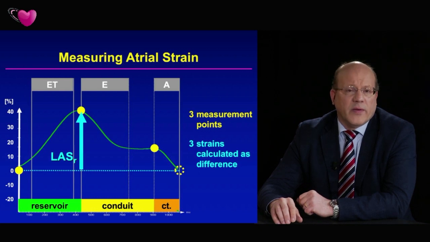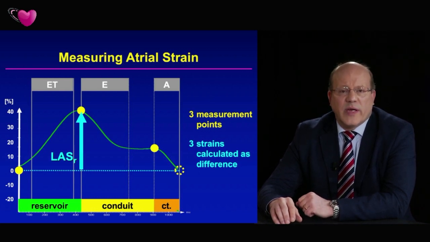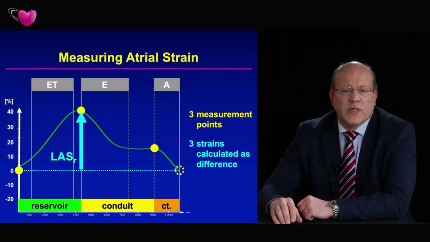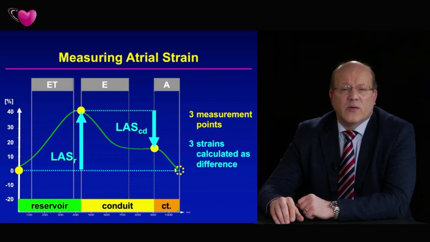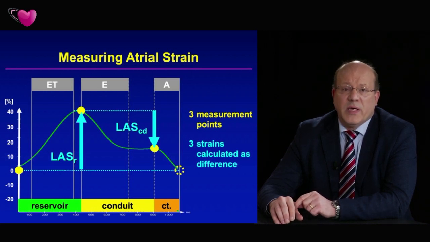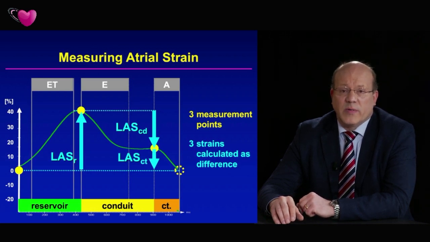And in this way, we can measure three different strain values. The first is the difference between the end systolic and the baseline value, and this is the reservoir strain. And then we calculate a difference between this pre-contraction point and the peak, which is the conduction strain, and then we have the contraction strain, which is between the baseline and the pre-contraction point.